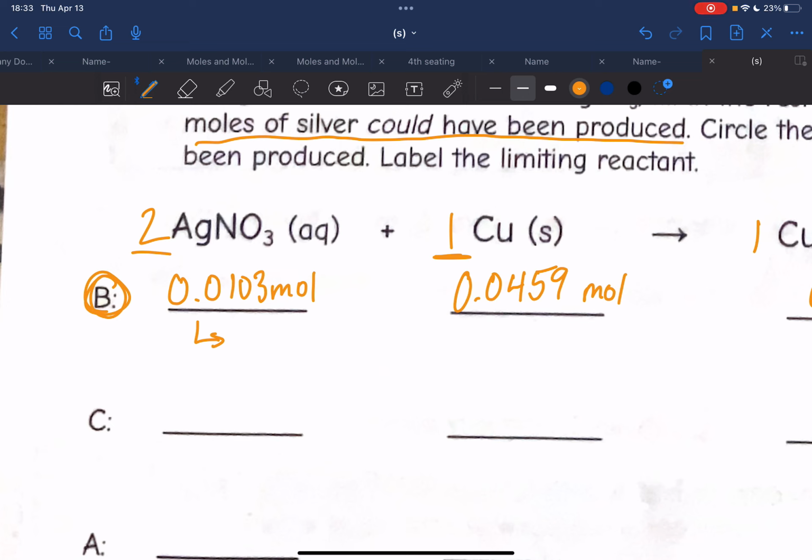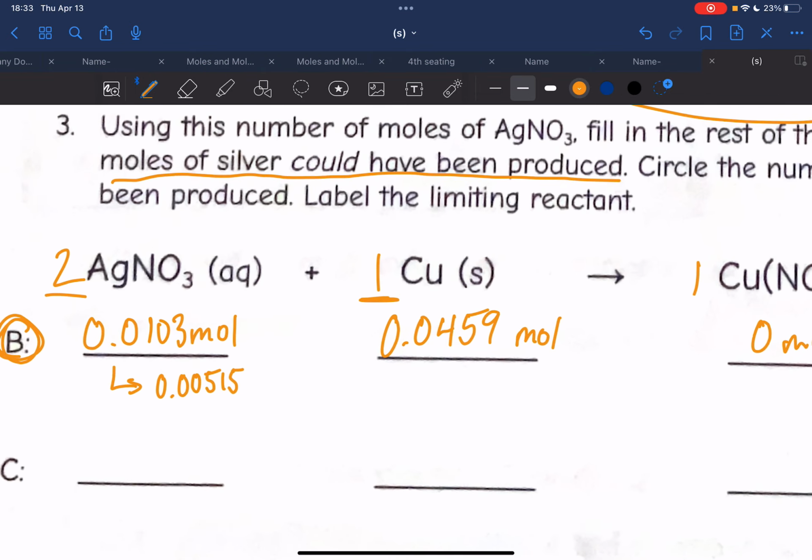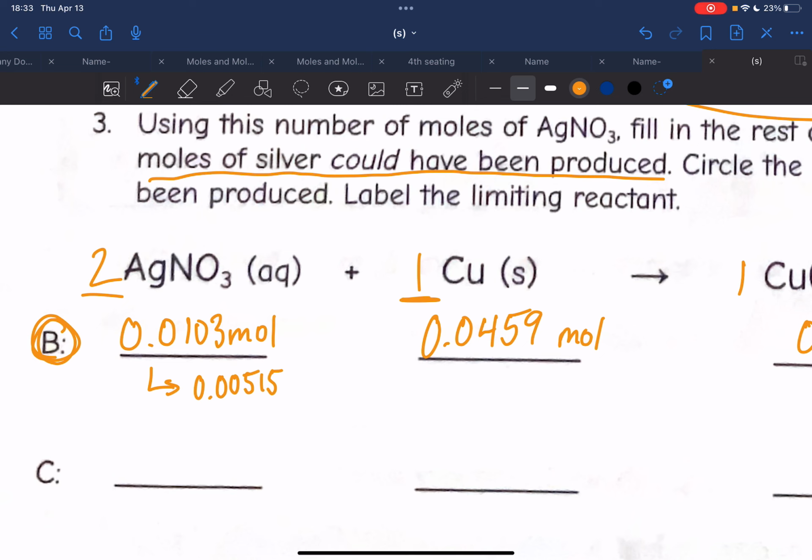So 0.0103 divided by its coefficient of 2 gives me 0.00515. Sorry about the small quantities here. I don't have infinite silver nitrate, so I can only give you a small amount. 0.459 divided by 1, because that's the coefficient here for the copper, gives me 0.459.